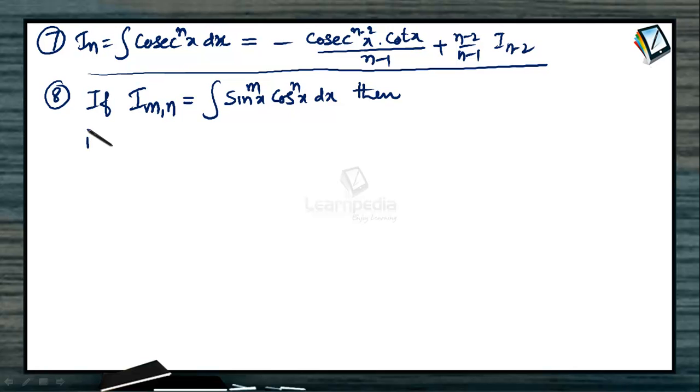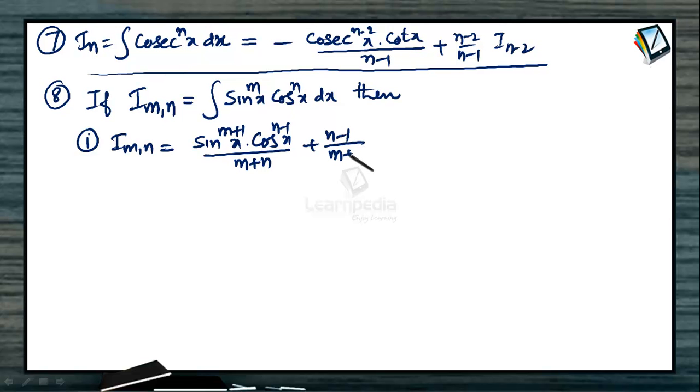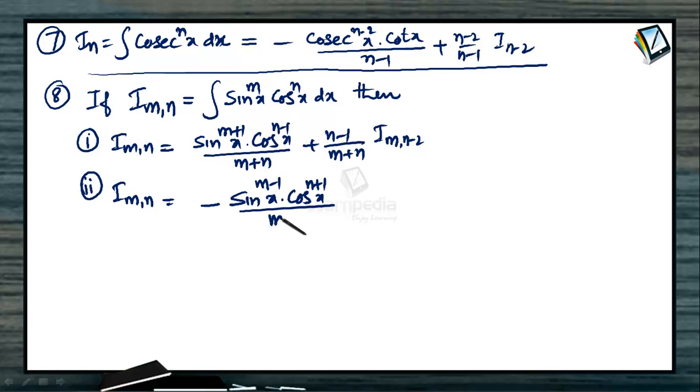Number 1: I_mn can be put in the form of sine to the power of m plus 1 x into cos to the power of n minus 1 x by m plus n, plus n minus 1 by m plus n times I_{m,n-2}. Second, I_mn can also be written as minus sine to the power of m minus 1 x into cos power n plus 1 x by m plus n, plus m minus 1 by m plus n of I_{m-2,n}.